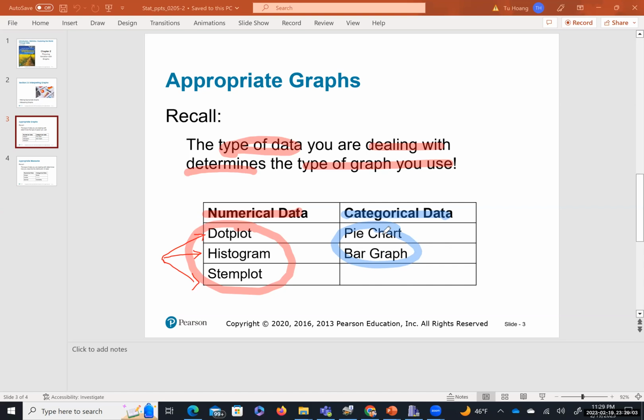Both of them each have advantages and disadvantages. So choose the best one for you to describe the data the best. Okay.